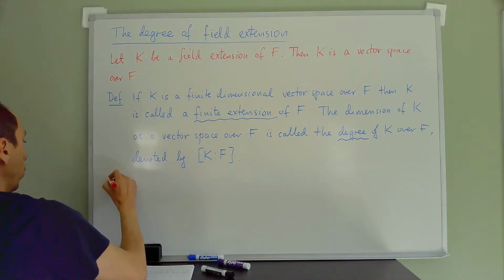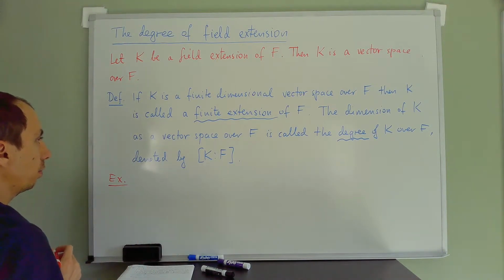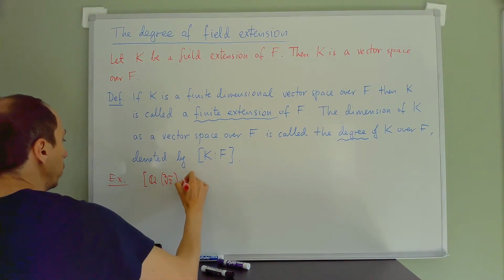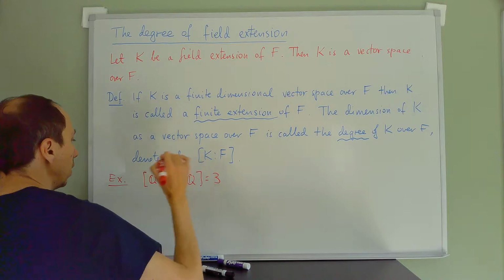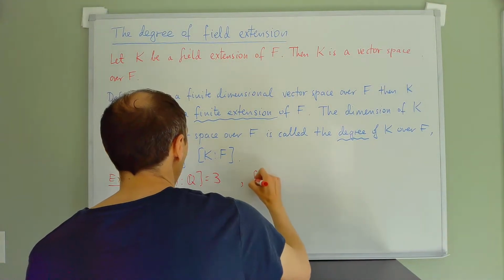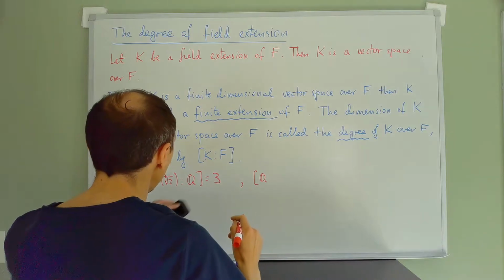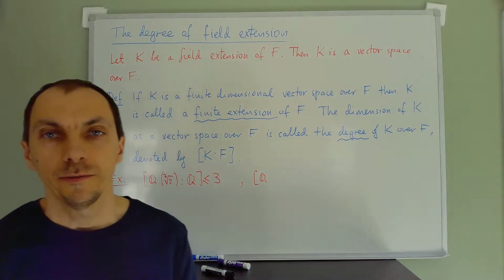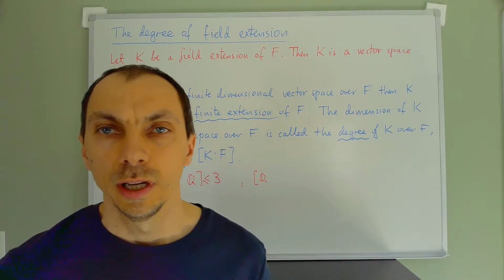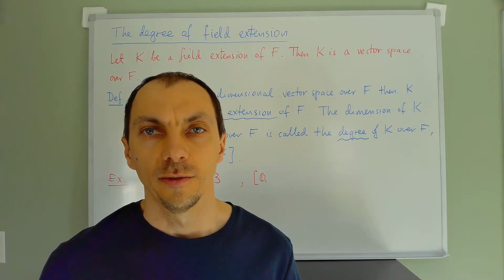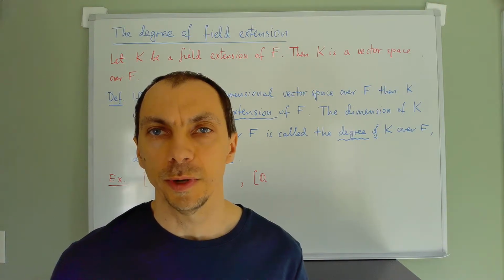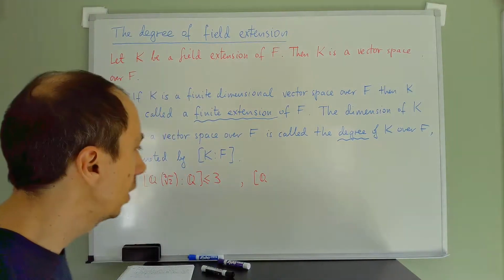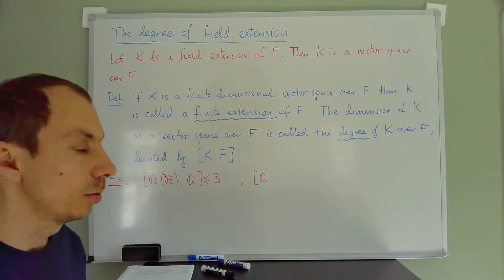So an example, what we already know from the previous videos, is that the degree of Q adjoin cube root of 2 over Q is 3. Oh, I'm sorry, we don't know that it's 3, it's just less than or equal to 3. In the last video, we found out that 1, cube root of 2, and cube root of 2 squared is a spanning set for Q adjoin cube root of 2 as a vector space over Q, but we don't know at this point that this set is linearly independent. So all we know is that the dimension, so the degree, is less than or equal to 3.